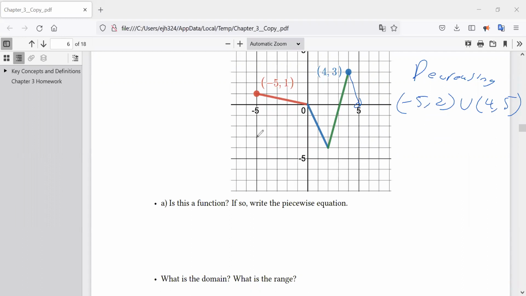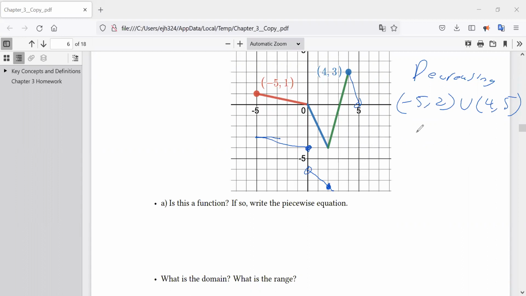Okay, so if I were to have something like this, as long as it's defined for one of these, let's just cut it off here so that we've got a clear point.